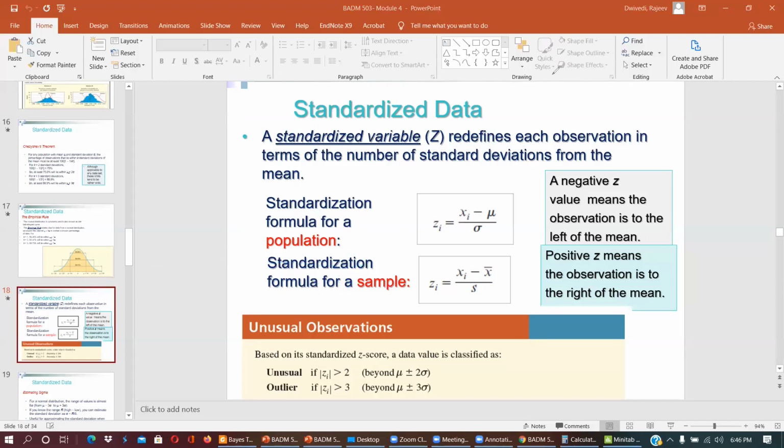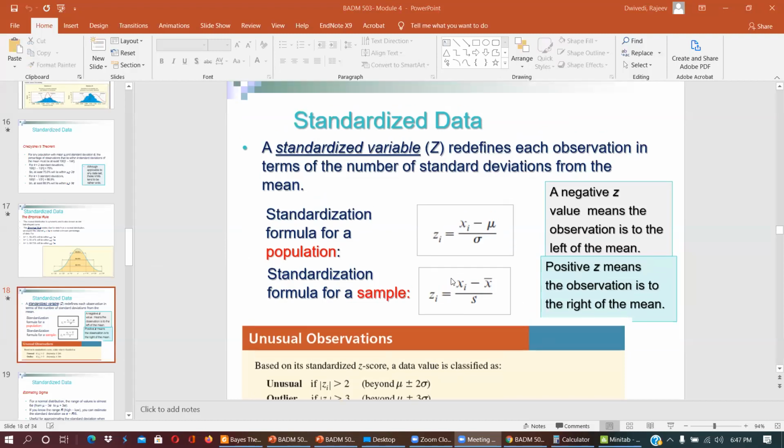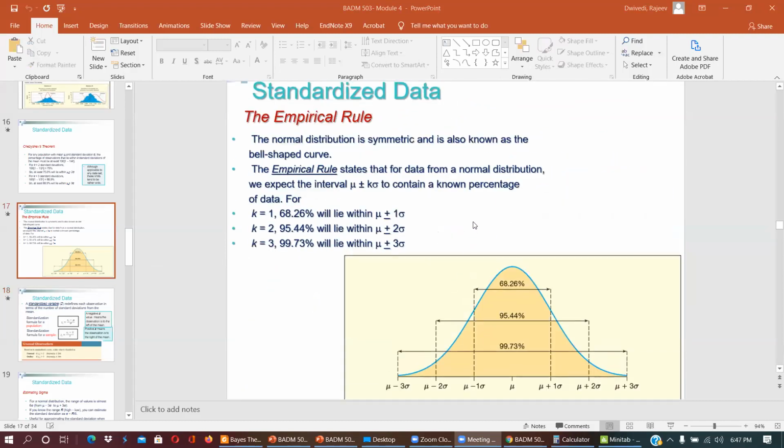So this is a standardized variable. Now going back, this is mu plus minus 1 sigma. Mu plus minus 1 sigma, how much data will it have? 68.26% of data will be within this limit.